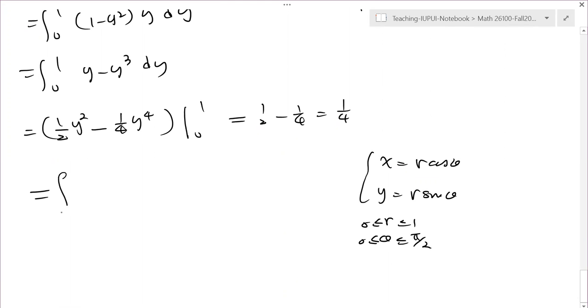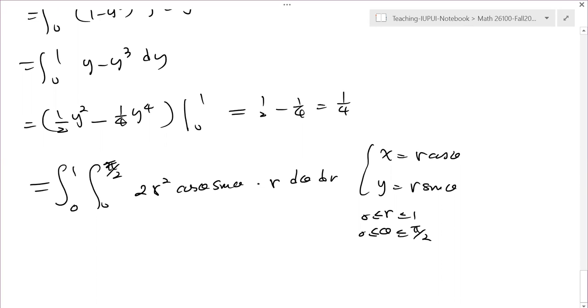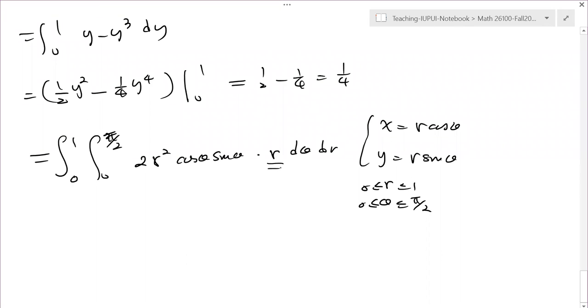So that will be the integral from 0 to 1, from 0 to pi over 2, of twice xy, so cosine theta, sine theta, and then times r, and d theta dr. This r comes from the change of coordinates. It's a little bit complicated here, right?